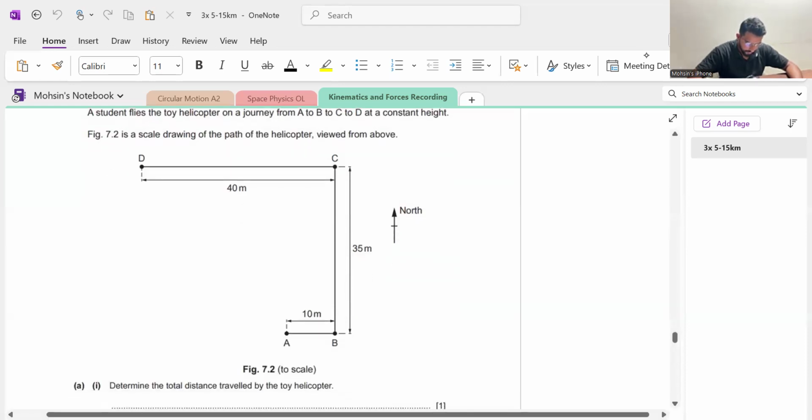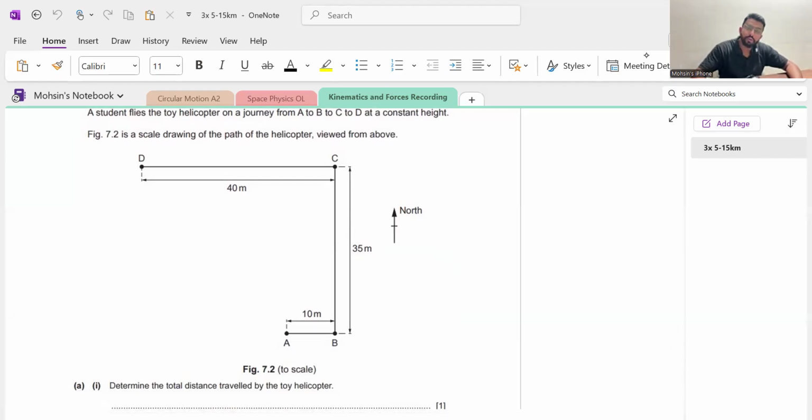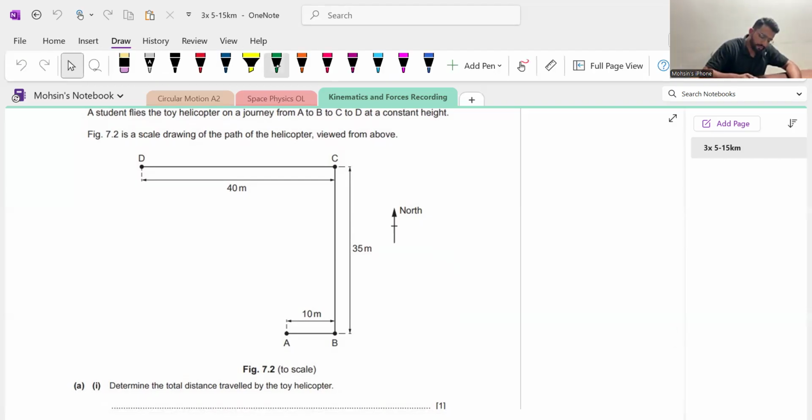Okay. Determine the total distance traveled by the helicopter. You can see the total distance is the path followed and it is here 40 meters, then 35 meters, and then 10 meters. Okay, 10 meters, then 35 meters, then 40.